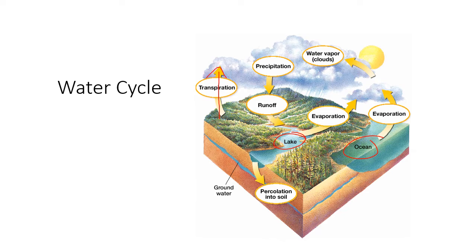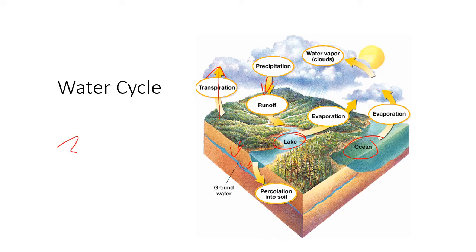Water vapor, which will be clouds, and then it'll go into precipitation where it will go back to the earth, where we will get runoff from the ground into our water systems. And then, of course, percolation, which is water going from either the ground or from oceans into groundwater.